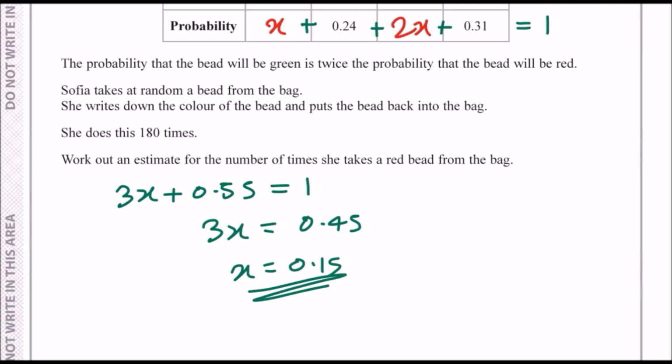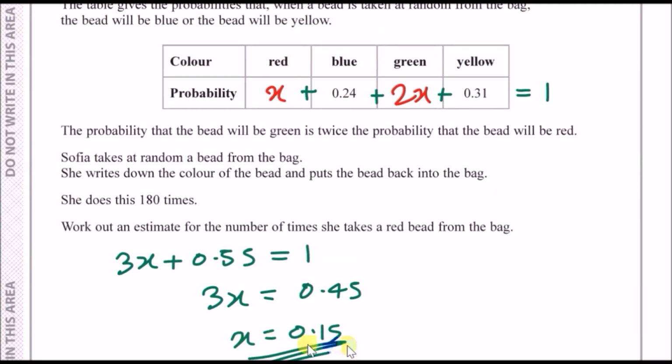Since you know that red is X, which is 0.15, this probability here is going to be 0.15. And for 2X, this is just 2 times 0.15, which is 0.30, yeah? So 0.30. Okay, so far so good.